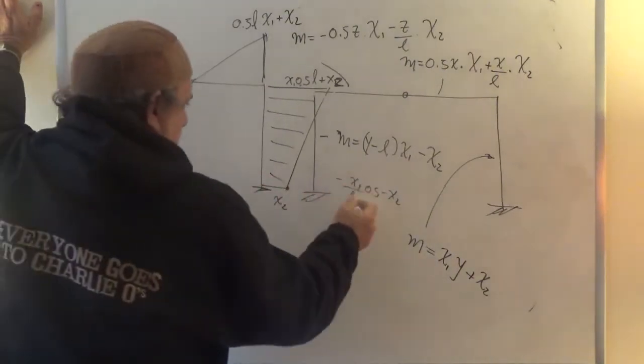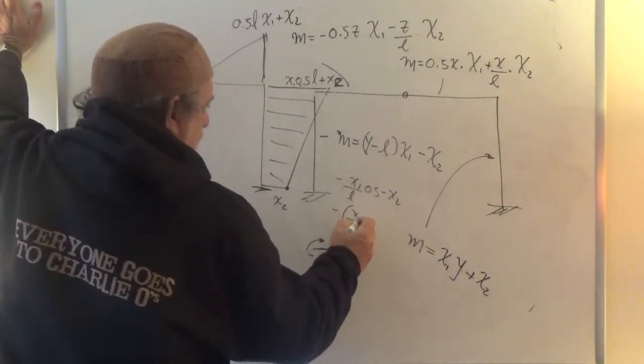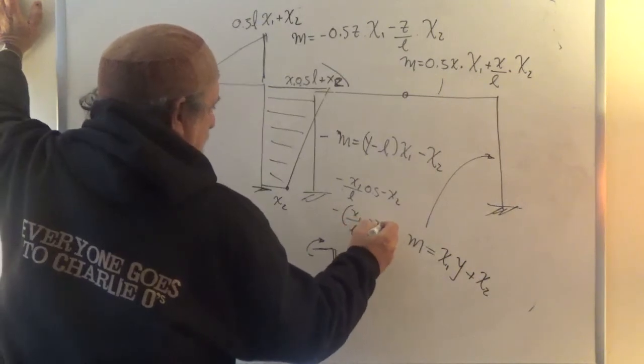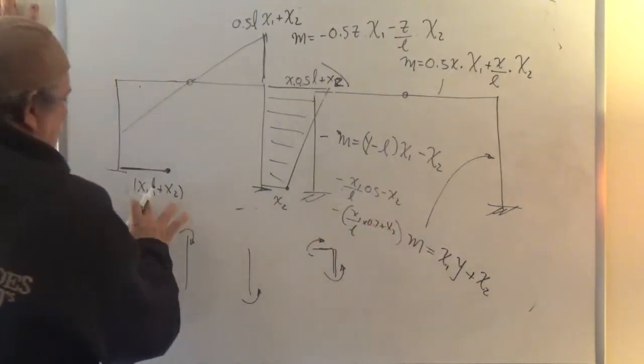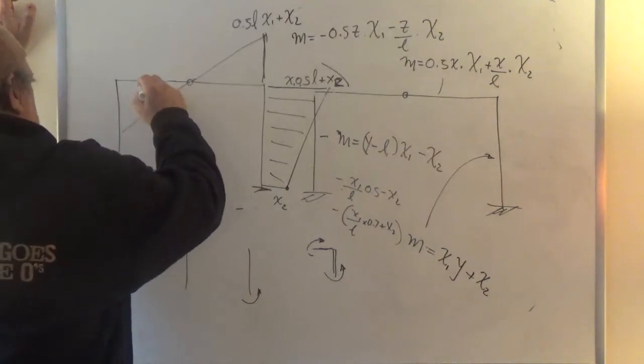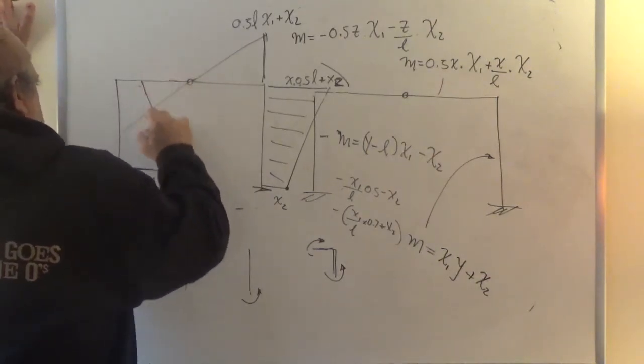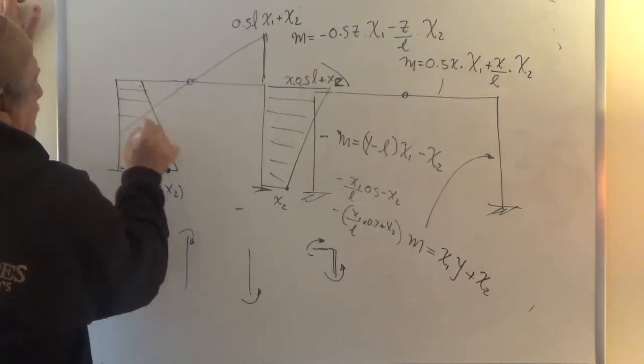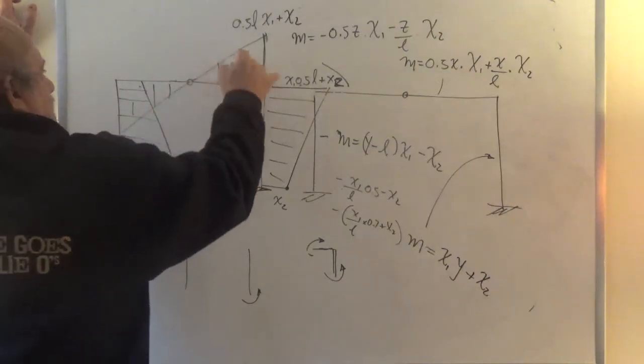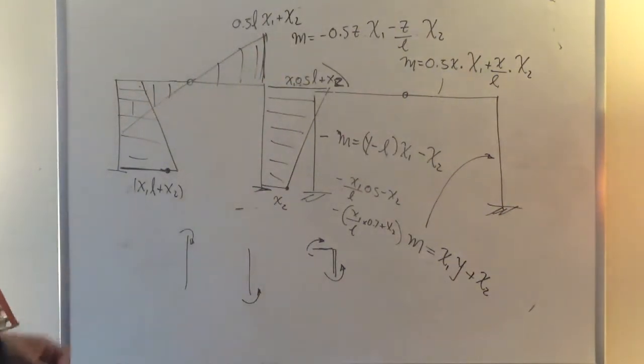Or which is the same thing with a minus sign, x1 over L times 0.5 plus x2. And so this moment is getting smaller, and so it's going like this. Seems like. And so we have this as the final moment diagram on the structure.